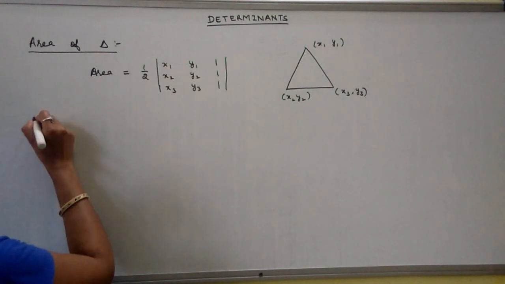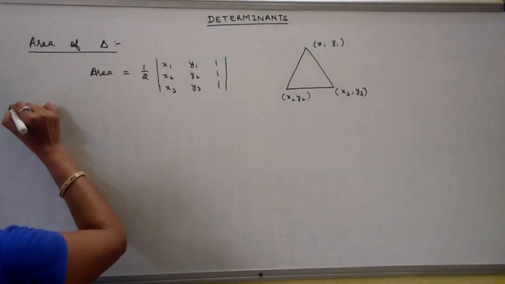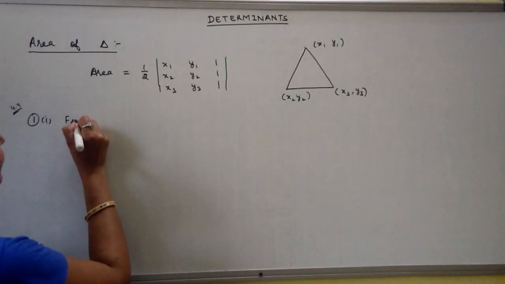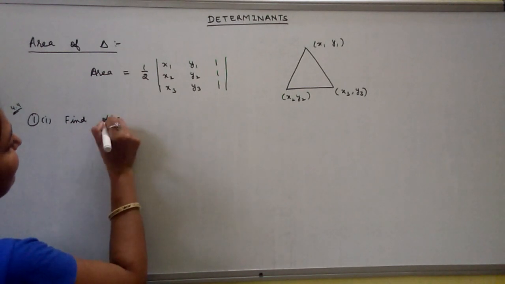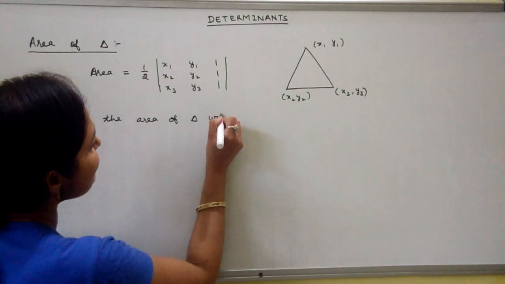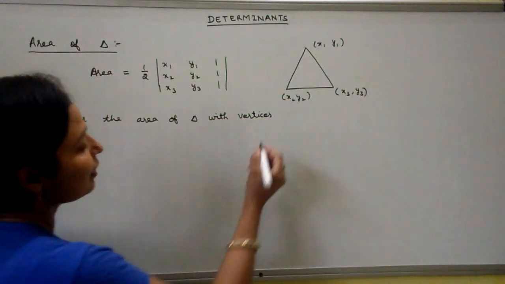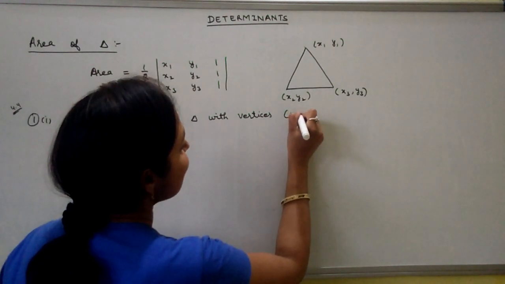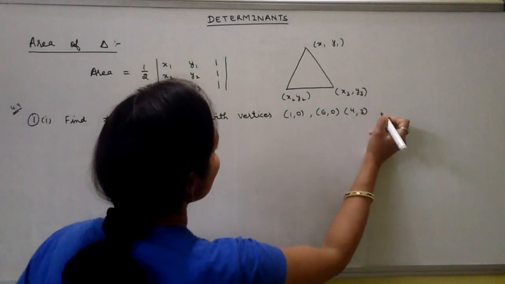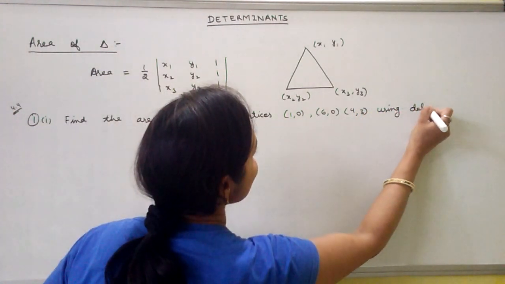For example, we have the first question of the first part of your exercise 4.4. The question says: find the area of the triangle with vertices (1, 0), (6, 0), (4, 3), using determinants.